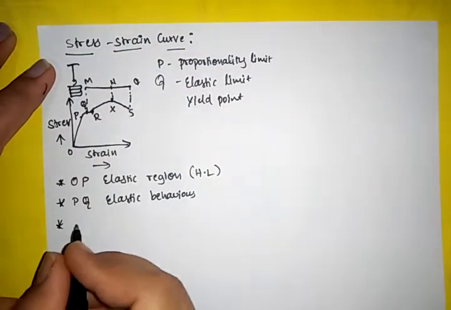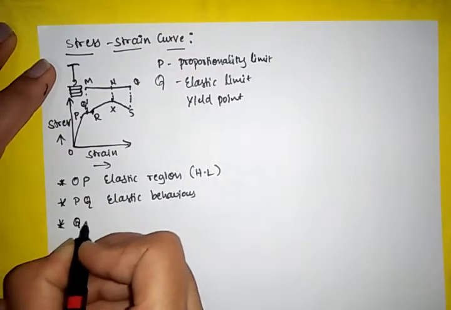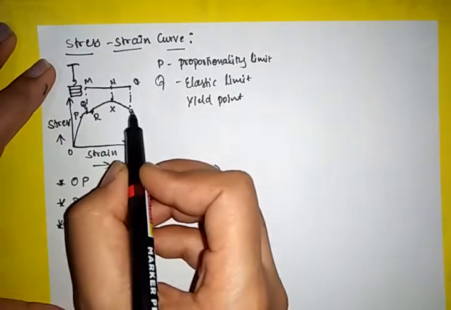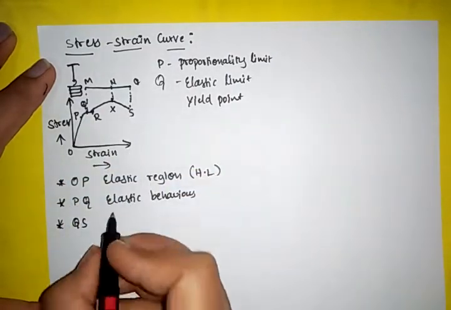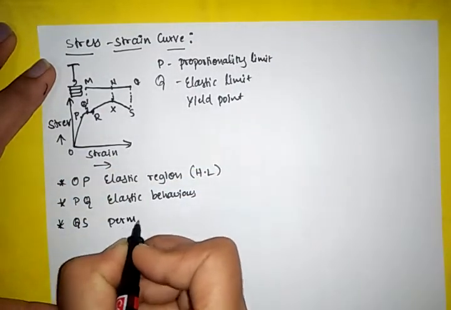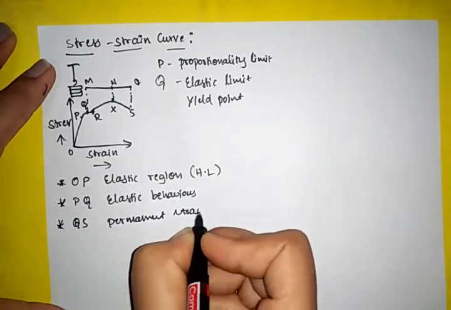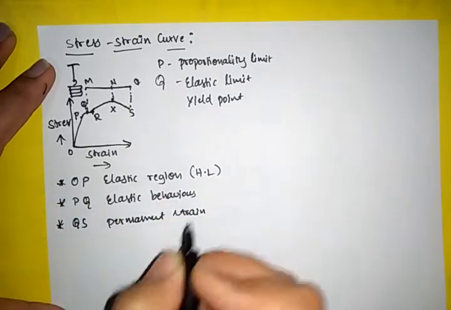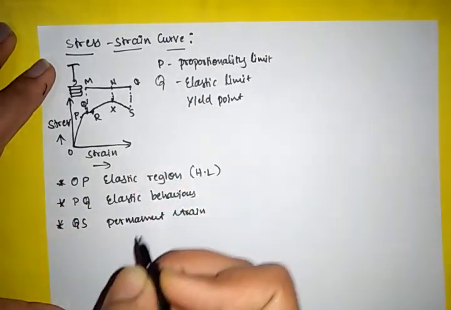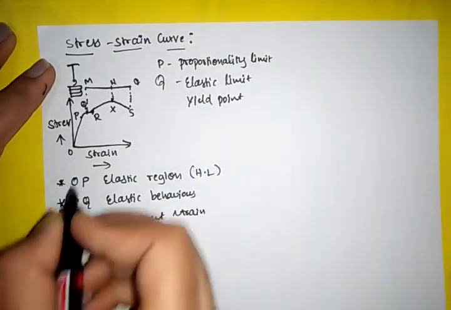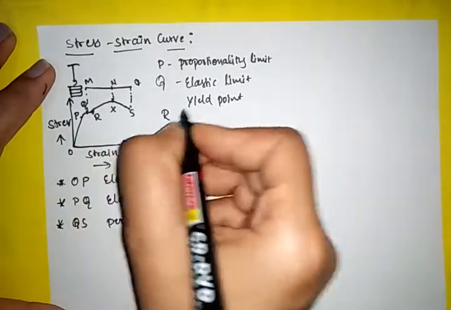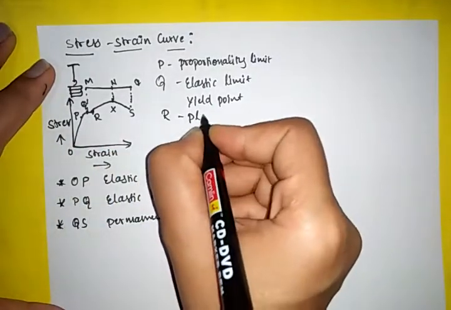Next, the region between Q and S. In the region between Q and S, the material possesses permanent strain, and it represents the plastic behavior.